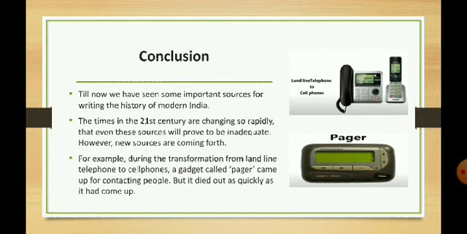For example, during the transformation from landline telephone to cell phones, a gadget called pager came up for contacting people. But unfortunately, it died out as quickly as it had come up.